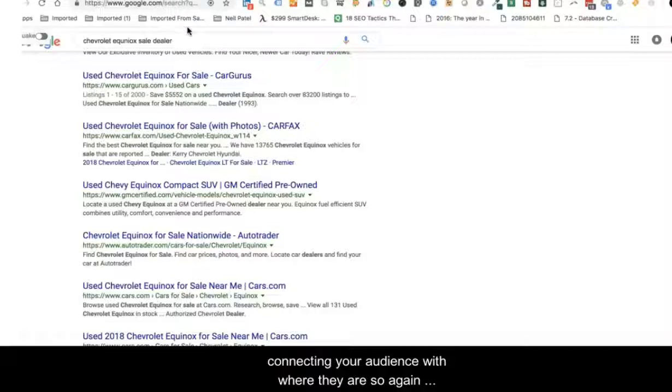So again, thinking about this business intelligence of there's artificial intelligence within the search engines, and Google now has the ability to really show your site, if you give the information necessary, to your dream client. So we want to give the information to connect the audience that we want, our desirable audience, where they are.